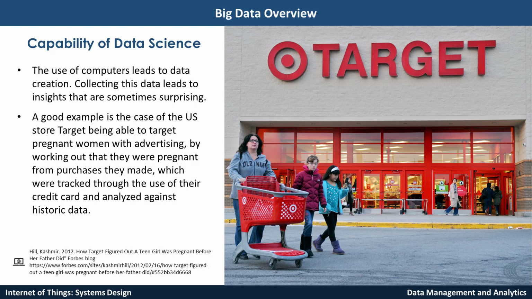How they do it is that they look at the past data of what people have bought just before the pregnancy. And then by looking at those patterns, they can determine when someone is pregnant or not.